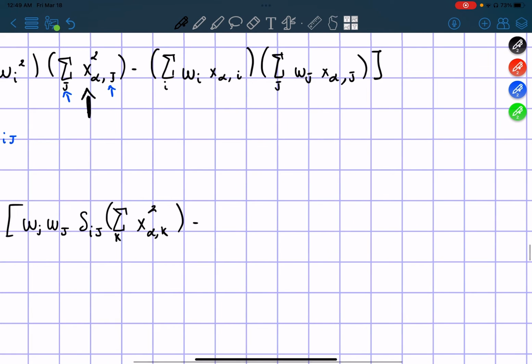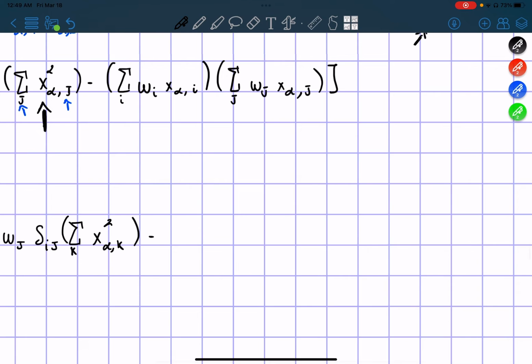Minus, well, since we can change our omega, or w, whatever you want to call it, I think it's just easier to say w, to omega I, omega j, and x alpha I, x alpha j.